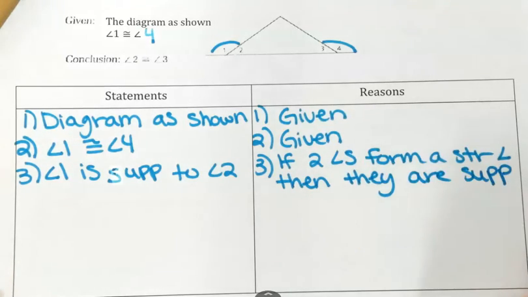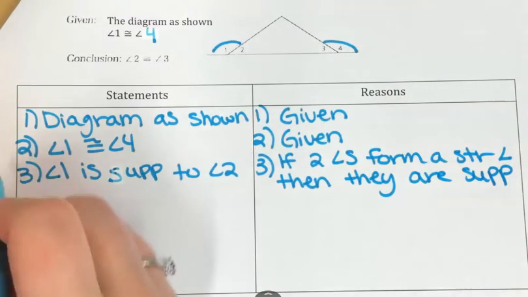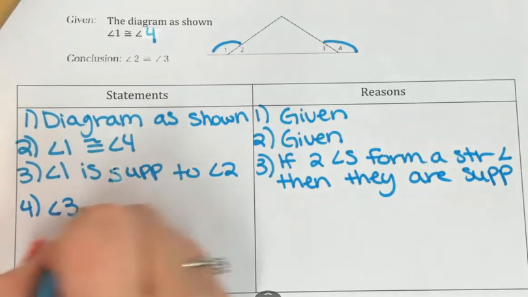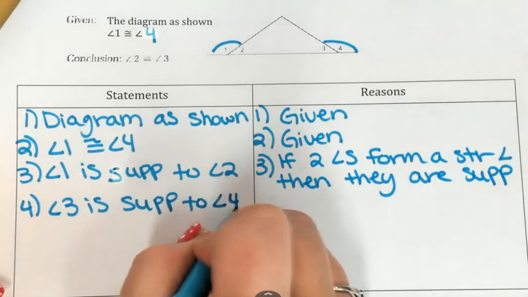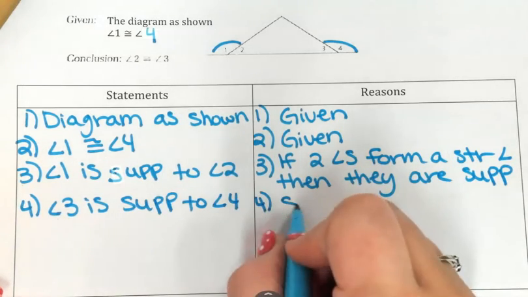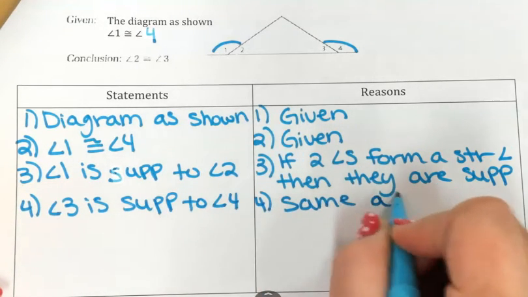Okay, so I know those 2 are supplementary, and then we can say the same thing about angles 3 and 4. Angle 3 is supplementary to angle 4, and my reason is going to be the same as number 3. If 2 angles form a straight angle, then they are supplementary.